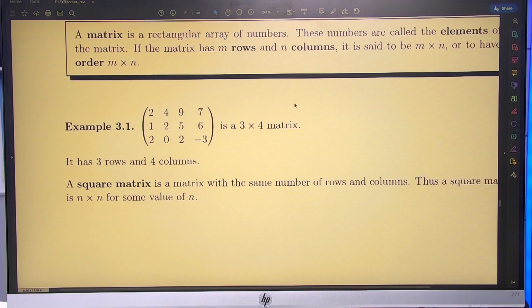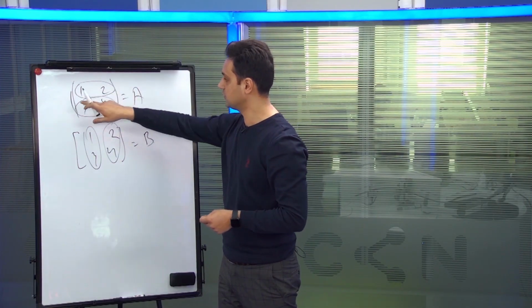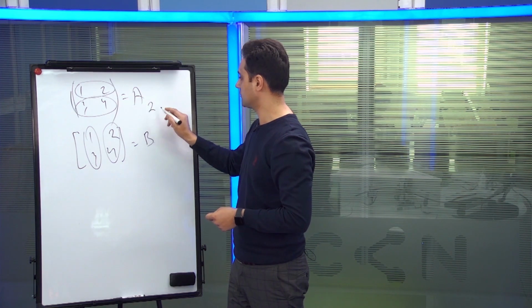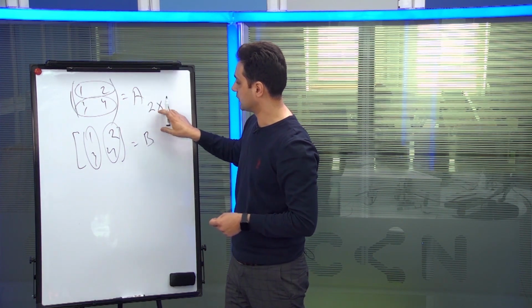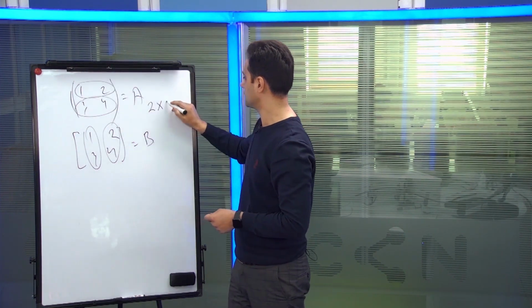To show the notation for the dimension of a matrix, we first show the number of rows and then the number of columns. For example, in this matrix we have 2 rows and 2 columns, so it is a 2 by 2 matrix.